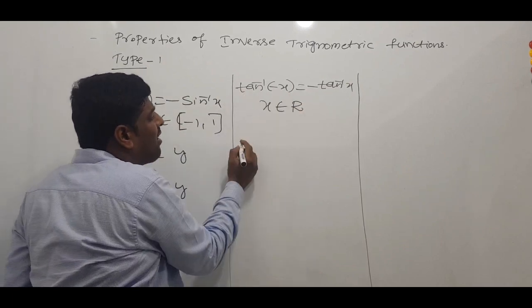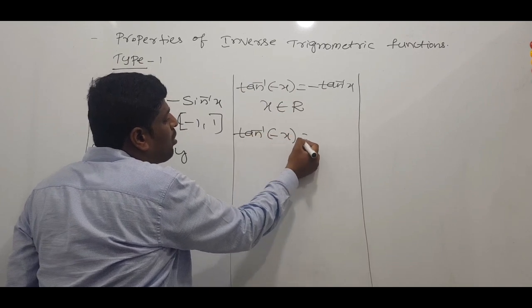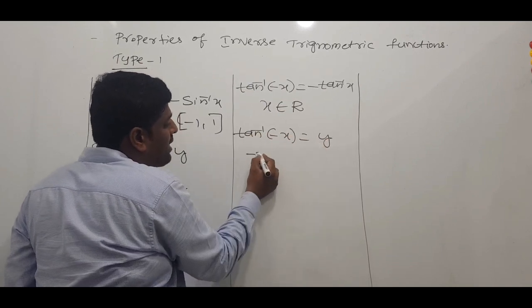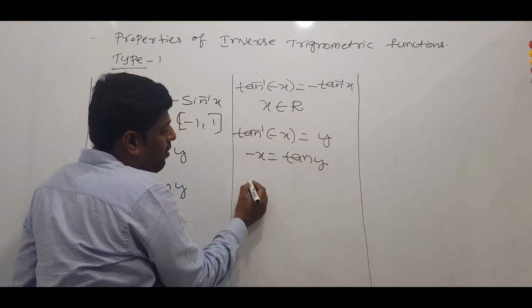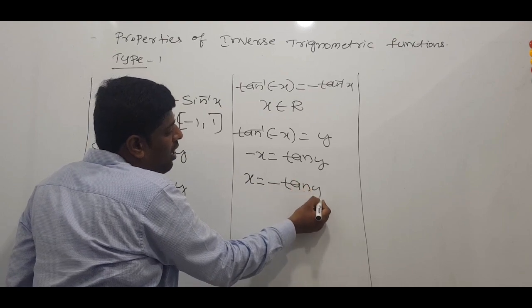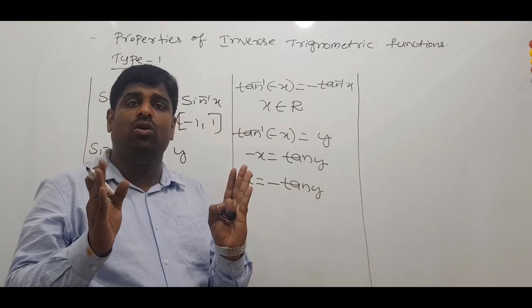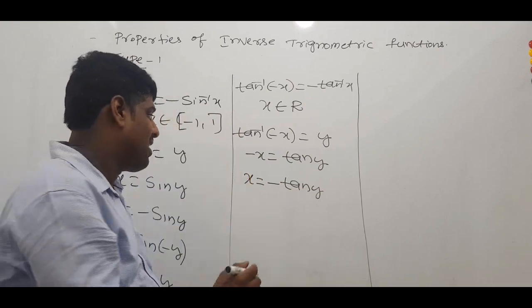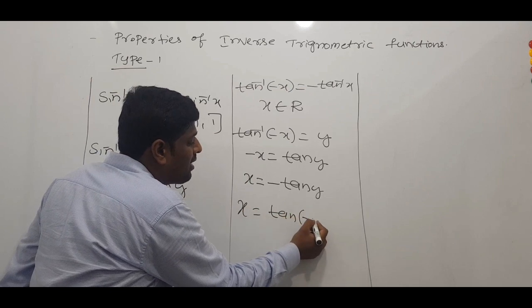Let us take tan inverse of minus x is equal to y. Minus x is equal to tan y. So x is equal to minus tan y. Already we know tan of minus y is equal to minus tan y, so x is equal to tan of minus y.